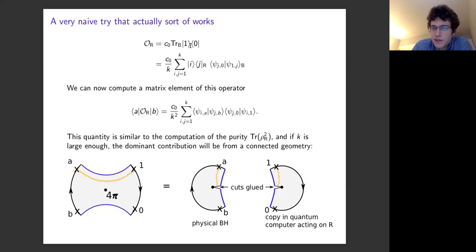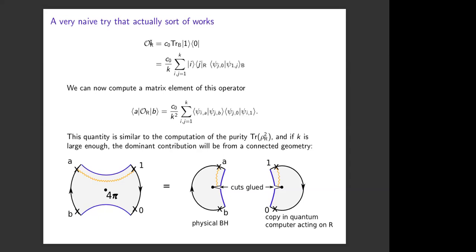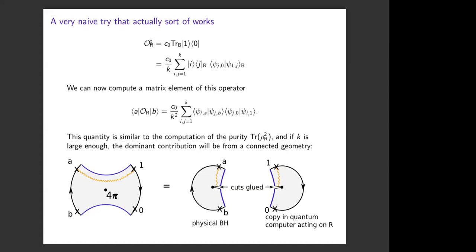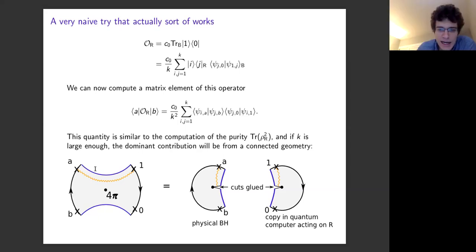But it's illustrative. The dominance of this replica wormhole saddle came from the fact that there was a factor of k squared, right? Yes. And here, do we have these two loops, which will give you a factor? Yeah, I didn't draw the end of the world brane loops, but they're there because they sum over I and j indices.